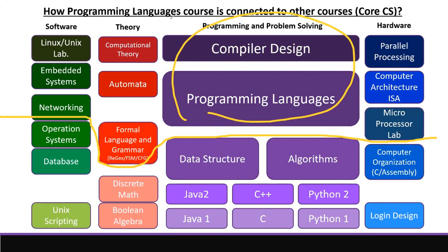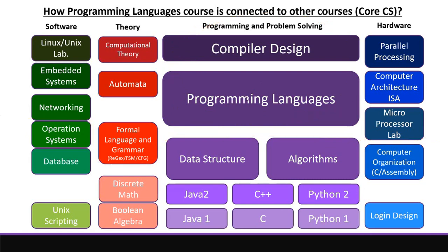These are the computer science curriculum and where the programming language course sits. It is related to compilers, computer architecture, automata, and the OS. This course is the center of CS. So if you learn this programming language course, you know it.